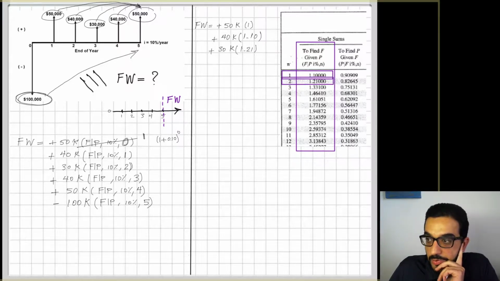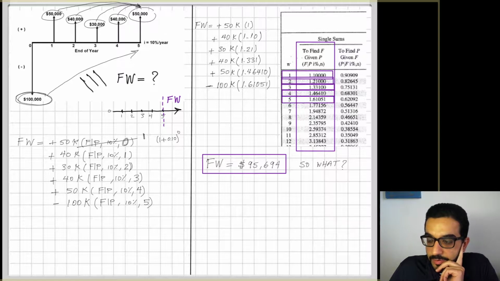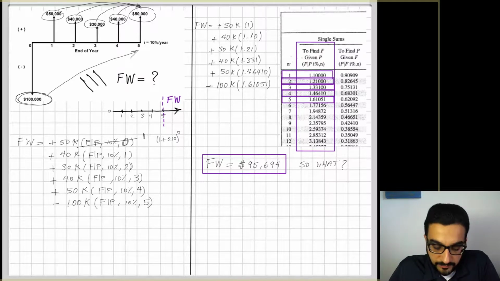We'll keep going until I finish all my calculations for the cash flow, and I'll end up with a future worth of 95,694.